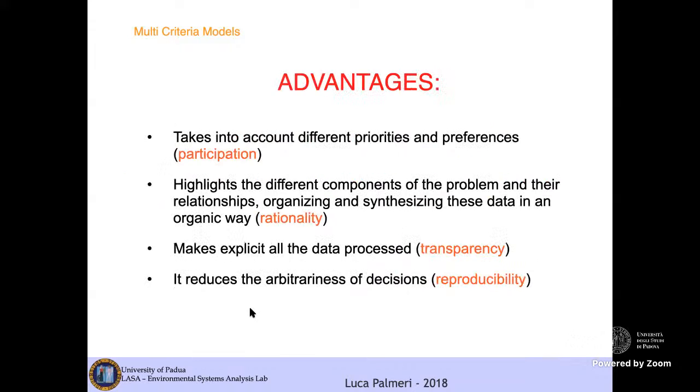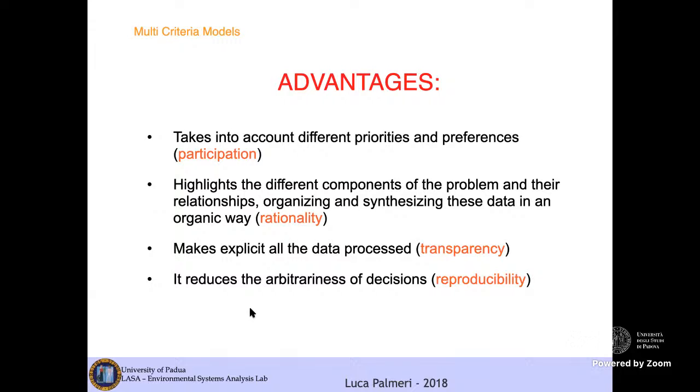What are the advantages of employing multi-criteria models? This approach allows us to take into account different priorities and preferences. So this goes in the direction of participation. You may recall that on Monday we introduced the requirements for a rational decision, which are participation, rationality, transparency, and reproducibility.